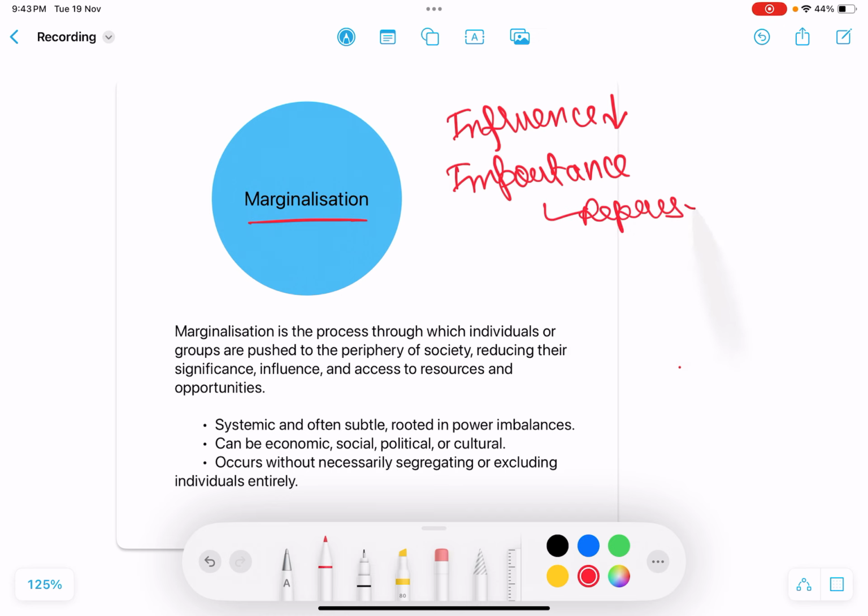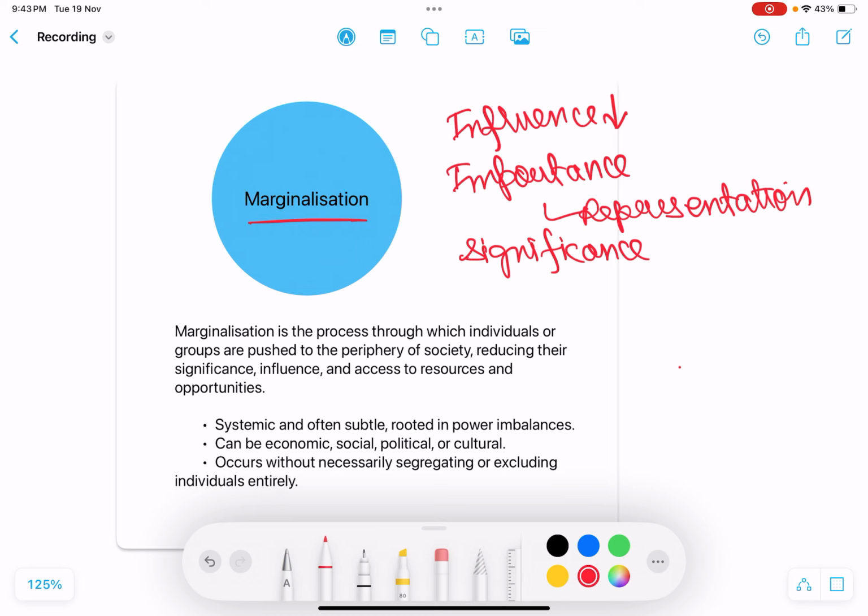Let's just say in politics, or in decision making, in governance structures, or with the kind of significance that they have, right? How much do they matter? How much what they say matters? How much policies that they care about matter?